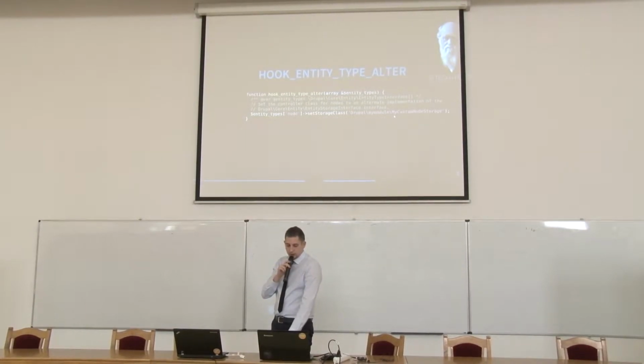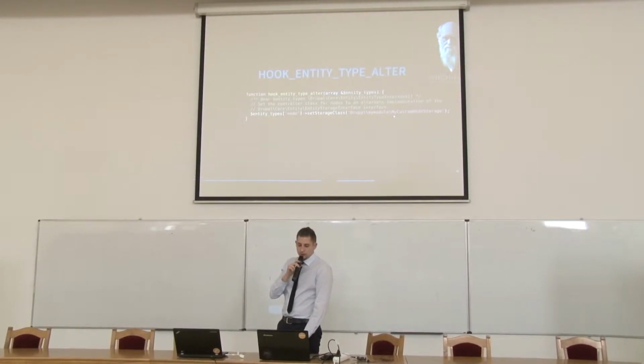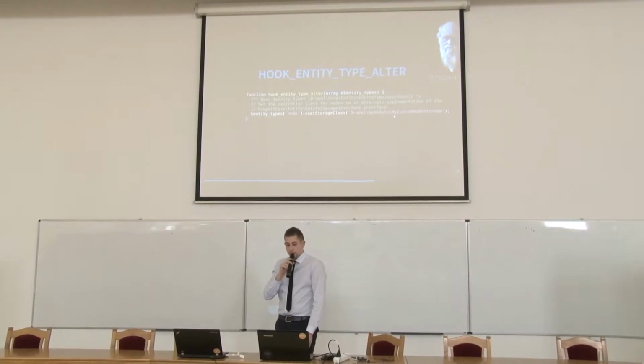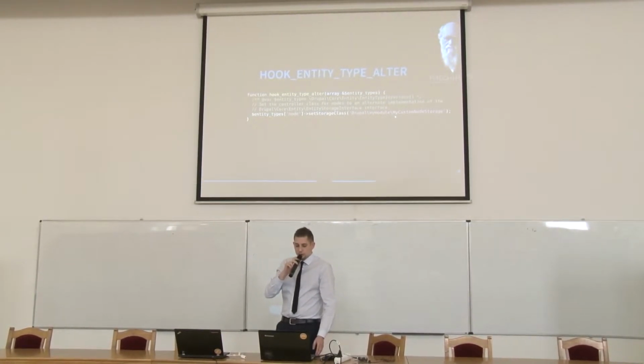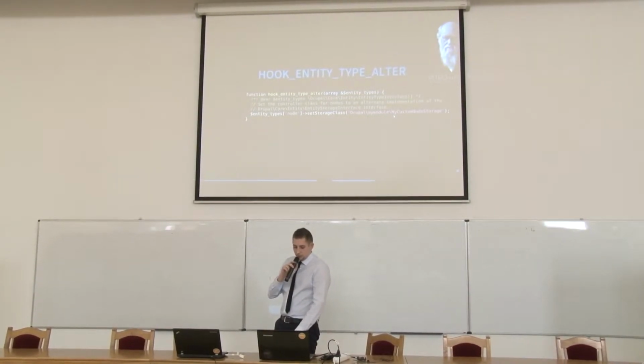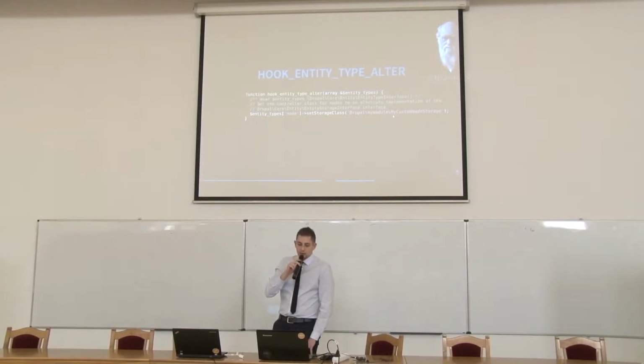So for creating new entity types, we have to use the hook entity type build only if we have to do some custom dynamic definitions for our entity type. But if we have the data that we need to create an entity type, we should use the annotation form.